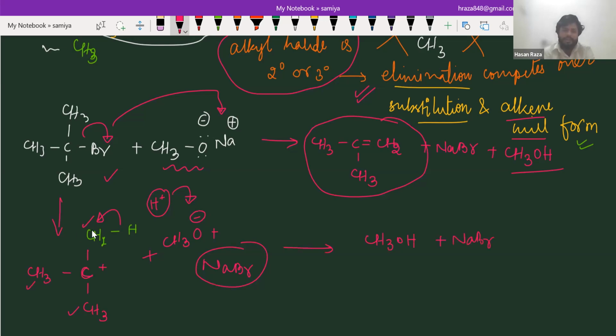Now, since this carbon has taken electron, it will be CH3C plus, and there will be CH2 minus. So it will donate electron to this carbon and make a double bond. So in this way, elimination competes over substitution and forms alkene.